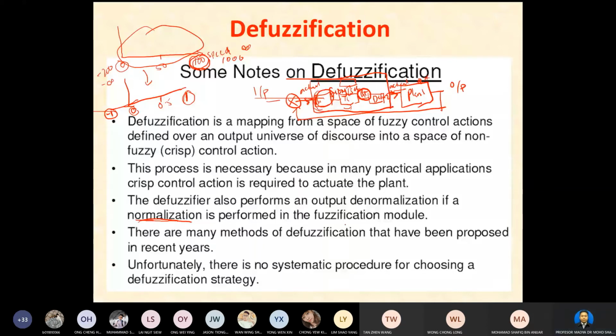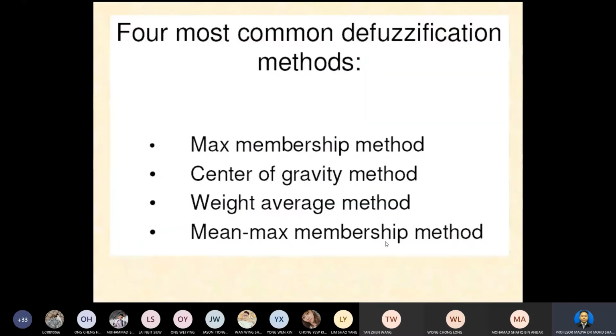All right. There are many methods of defuzzification that have been proposed in recent years. Unfortunately, there is no systematic procedure for choosing the defuzzification strategy. Actually, many methods of defuzzification have been mentioned, but in our class we just focus on the four most common defuzzification methods.